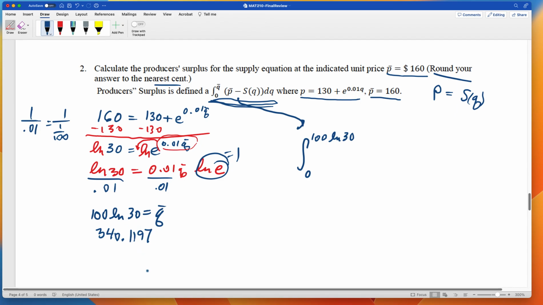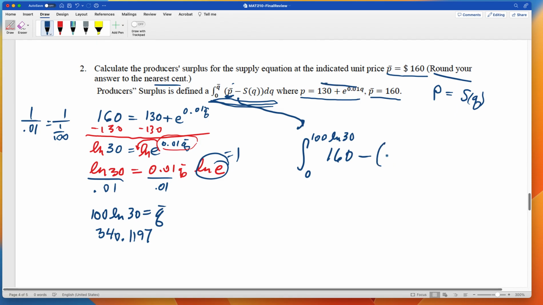You could put this in there as well, but this will carry all the decimal places for us. Then we need P bar, which is 160.